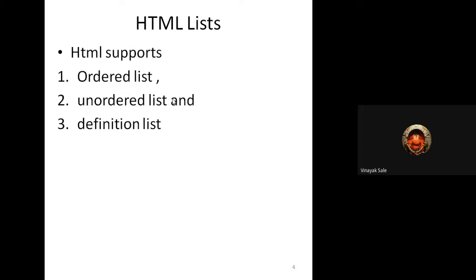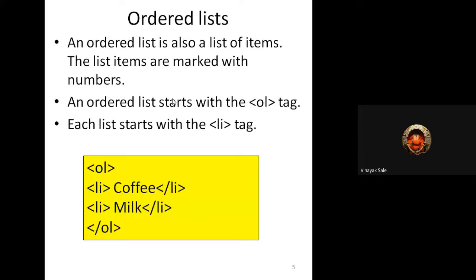So there are two types of list. First is ordered list and second is unordered list. So we will see one by one. So ordered list, it is also a list of elements or items.